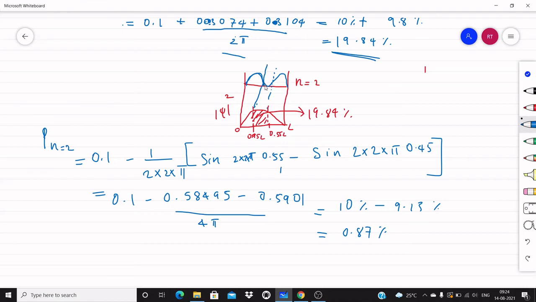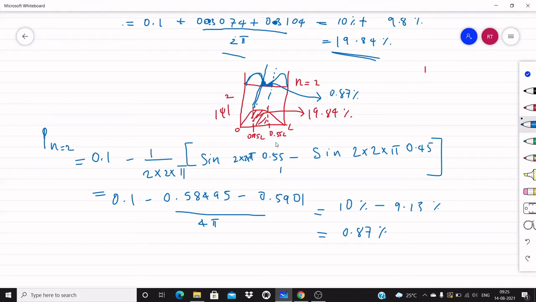Okay, so I will have these portions. Yeah, what I am drawing is not that perfect. So you will have only this part. Okay, so this probability is 0.87%. So I hope you understood.